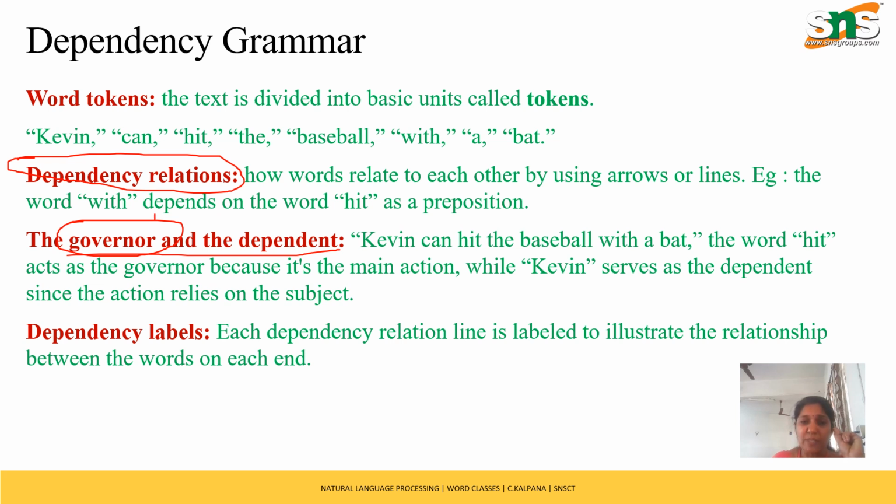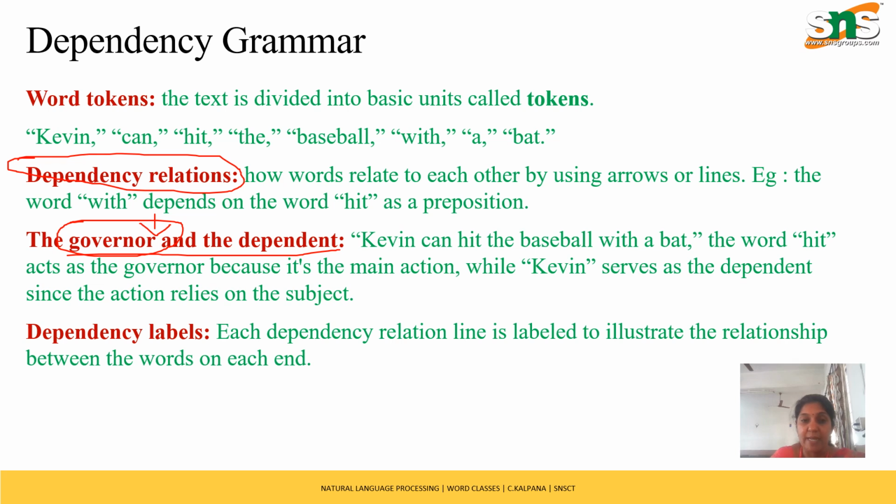As I told you, dependency grammar is completely based on the main verb, or we can say the root word in the sentence. So we need to identify the root word, and that is the governor. Next is the dependent, which means how the root word is connected with the first word, how it is connected with the third, and so on.